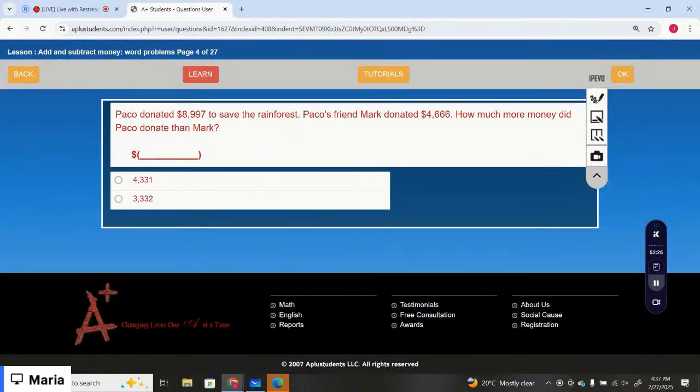Pecco donated $8,997 to save the rainforest. Pecco's friend Mark donated $4,666.